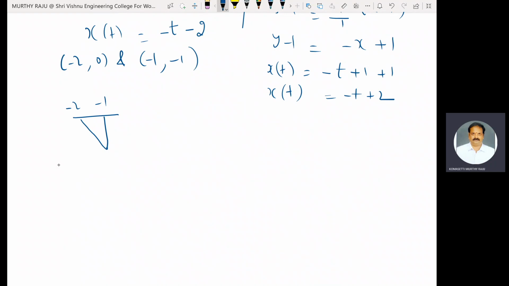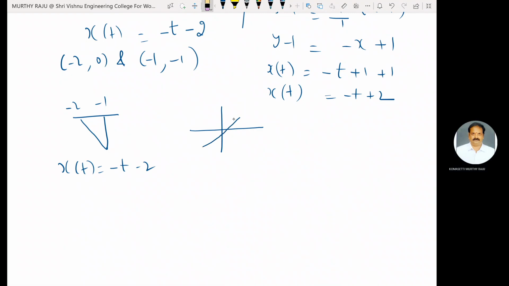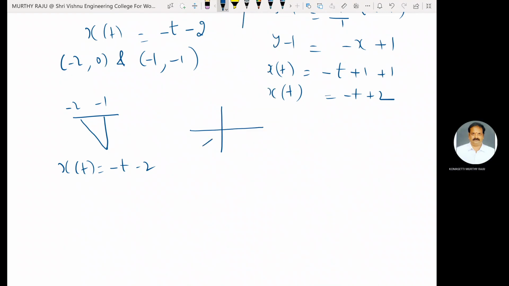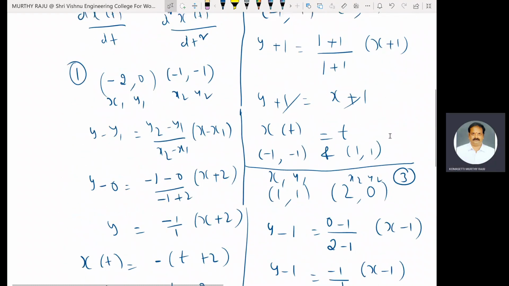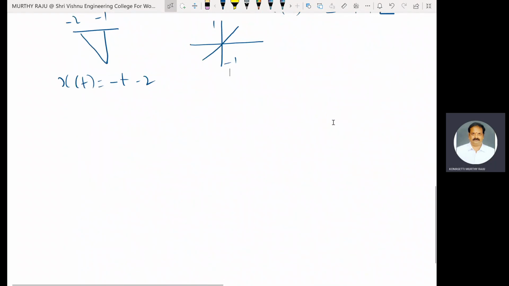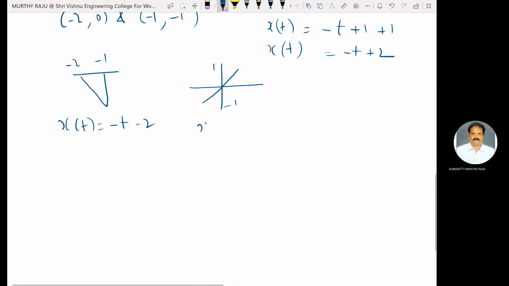In the first portion, from minus 2 to minus 1, the expression is x of t equal to minus t minus 2. In the second one, passing through 1 and minus 1, the equation is x of t equal to t.